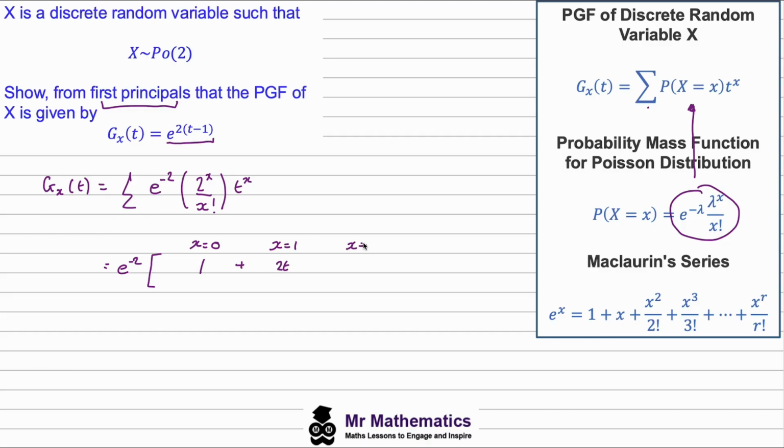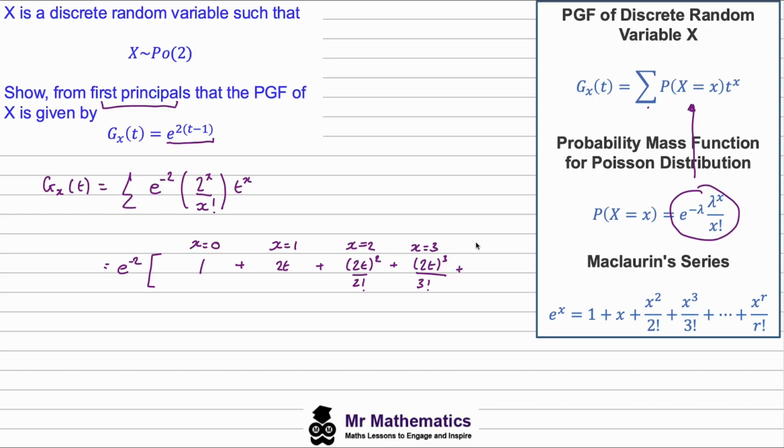If we let x equal 2, we'll get 2 squared times t squared. So I'm going to write this as 2t all squared over 2 factorial. And then if we let x equal 3, we'll have 2 cubed times t cubed, or 2t all cubed, over 3 factorial.